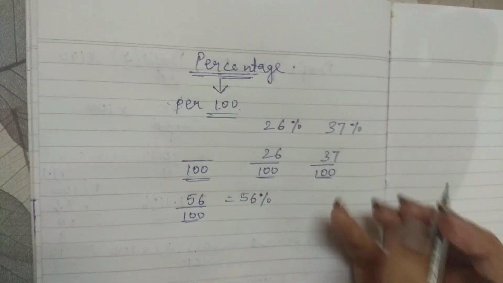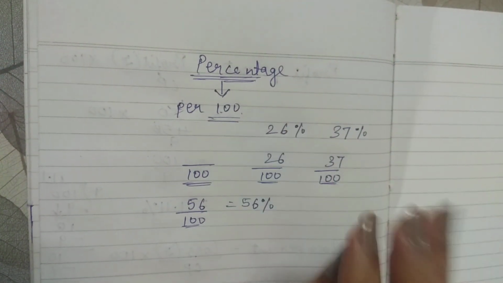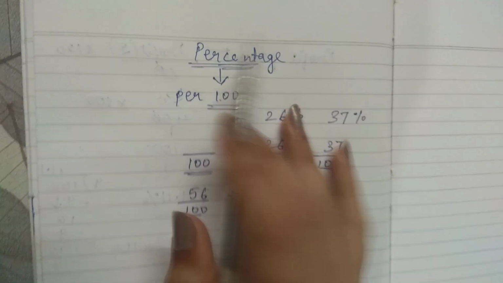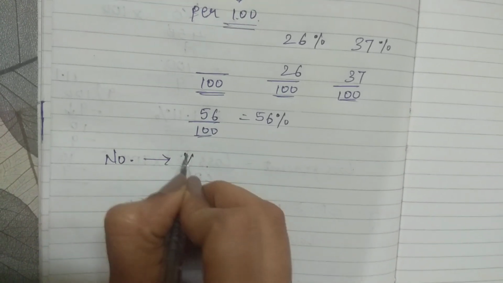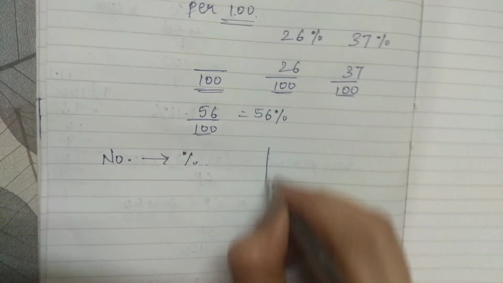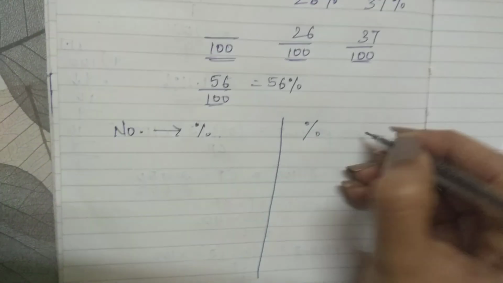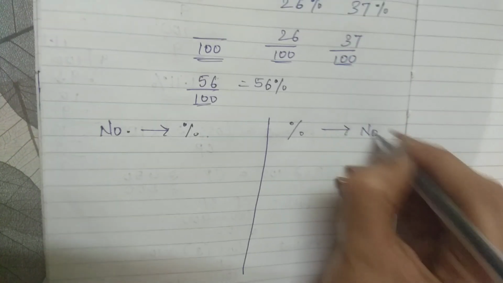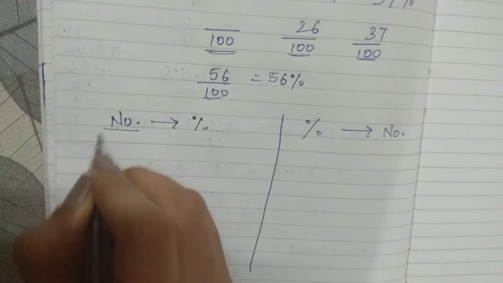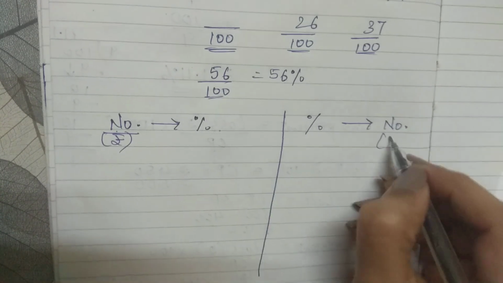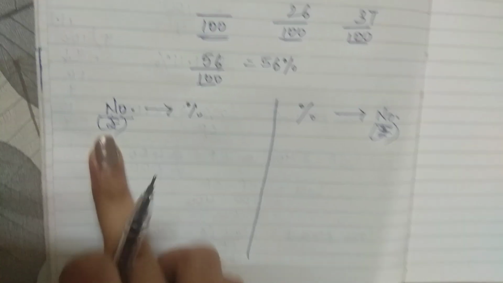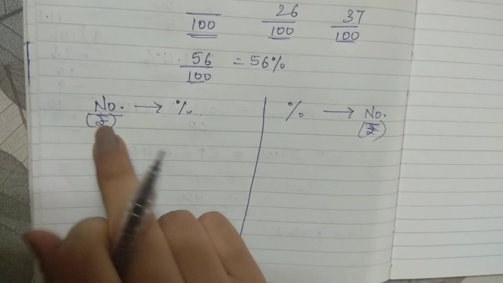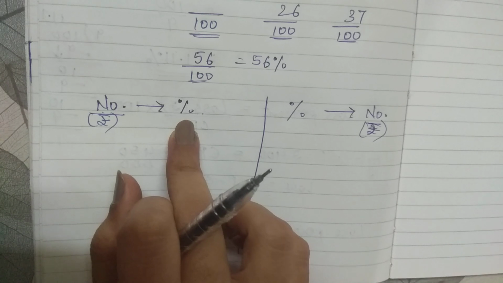Okay, now there are two things in which we use the percentage. One, when the number we want to find in terms of percent, and the second case, percentage is given and we need to find in terms of numbers. The numbers, rupees, anything you can say. As we have seen previously, we found the profit and loss in rupees and then we converted into percentage.